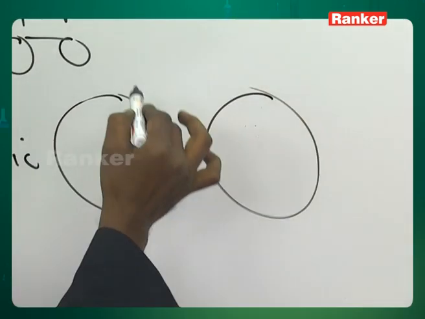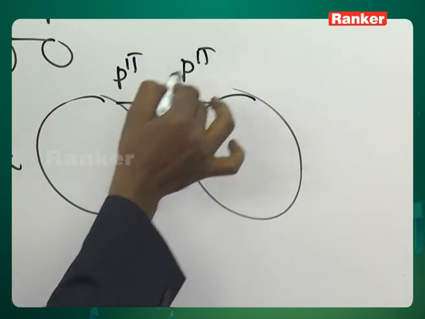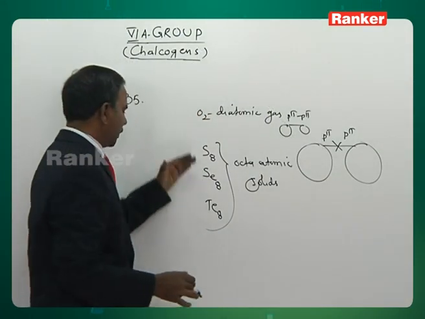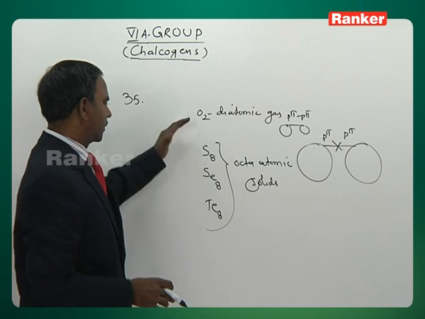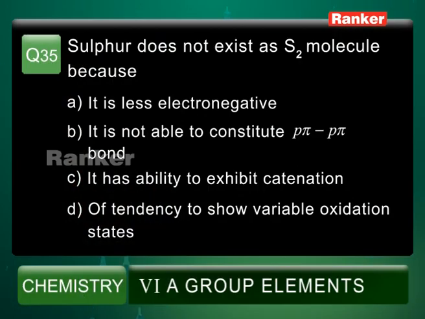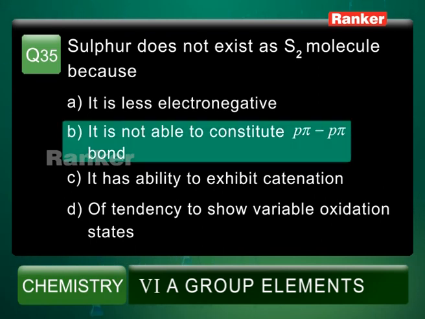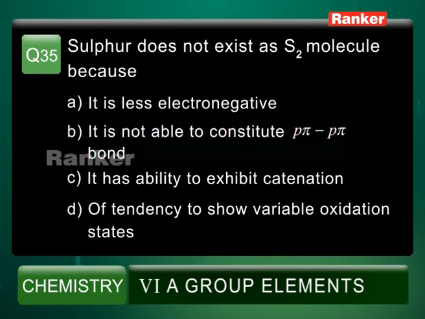Between these bigger atoms, p-pi bonding is not possible. Therefore, they generally exist as octaatomic solids. Therefore, question number 35, the answer is that it is not able to constitute p-pi bonds. Answer is B.